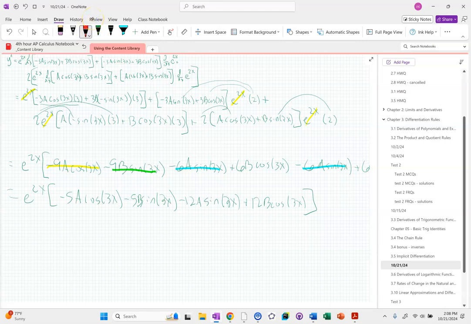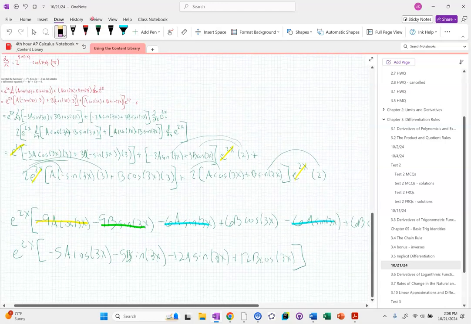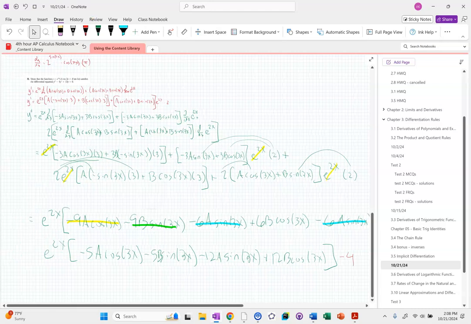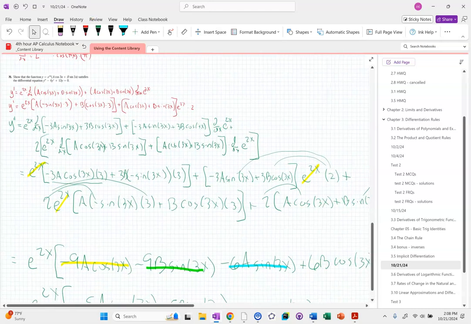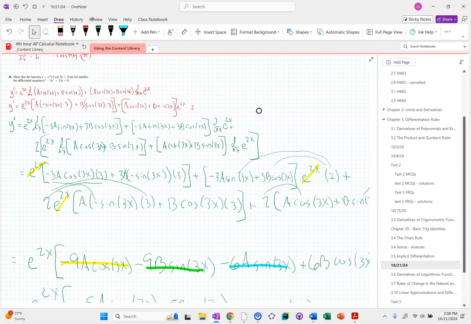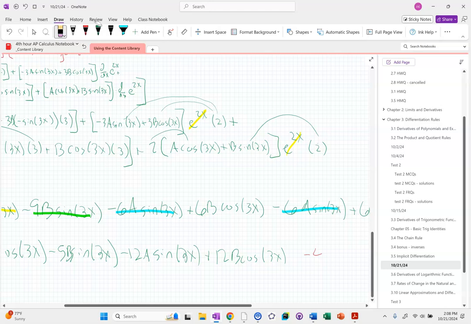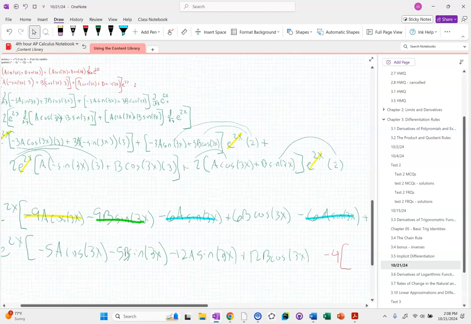All right, and then we're going to add to that minus 4 times our y prime, so I'm going to pull that same e to the 2x out front. So I'm just going to leave this stuff inside. Is that okay with everybody?